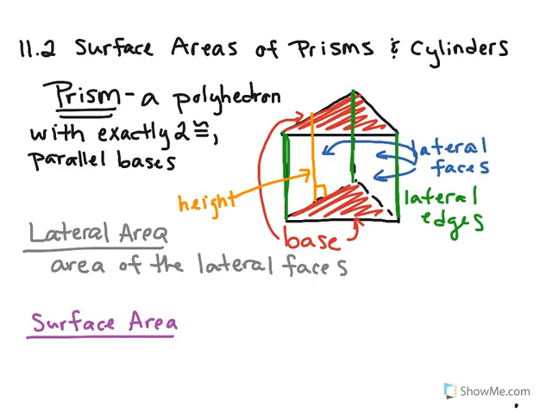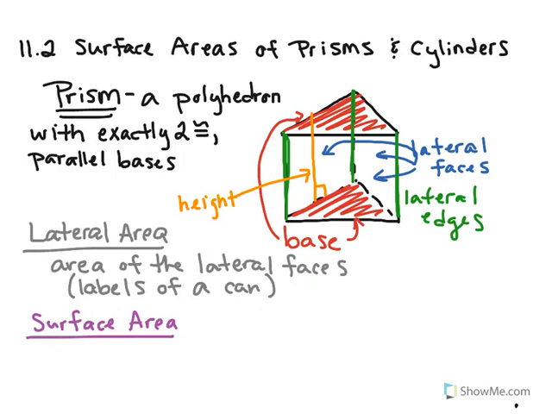It's kind of like a way to remember this is the labels on a can, like a can of corn or a can of beans or whatever that you find at the grocery store. If you think about where the label goes, it just goes on the lateral part. So labels of a can. So that's the lateral area.